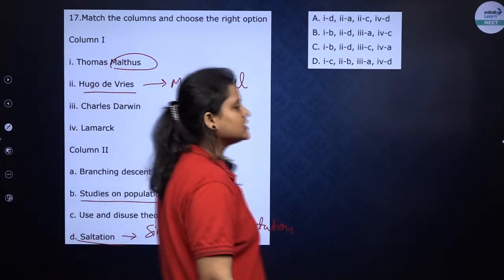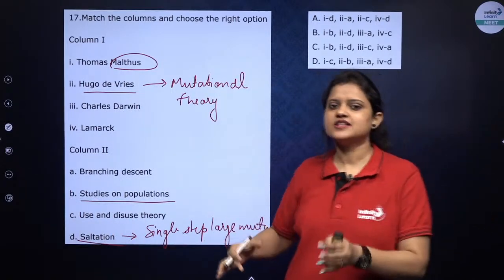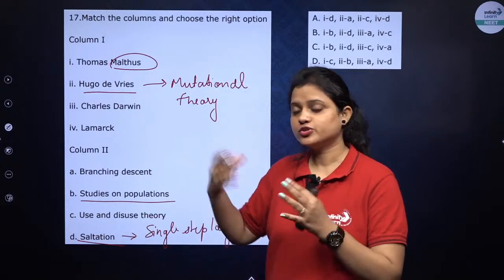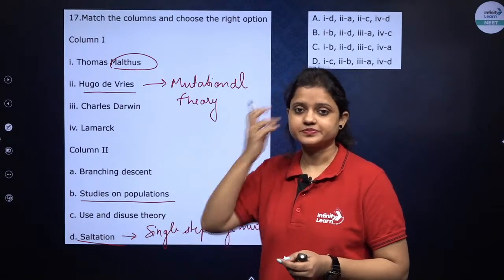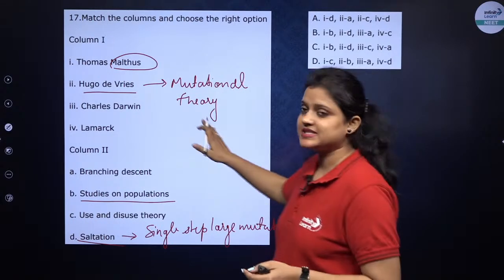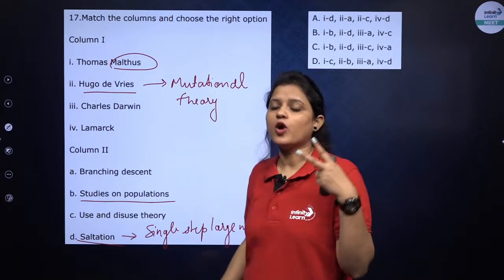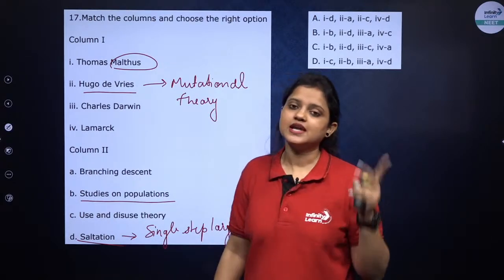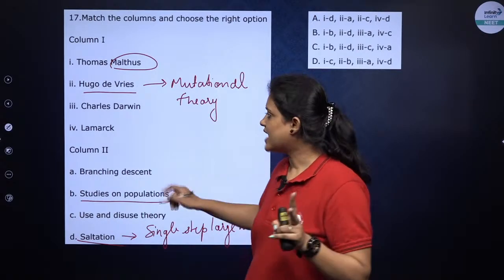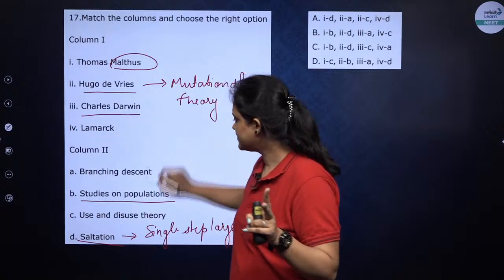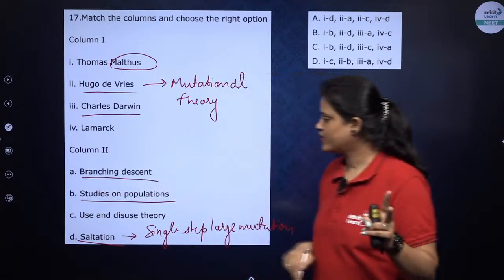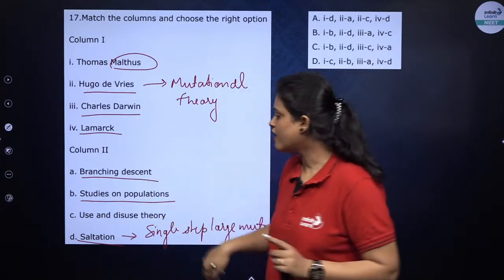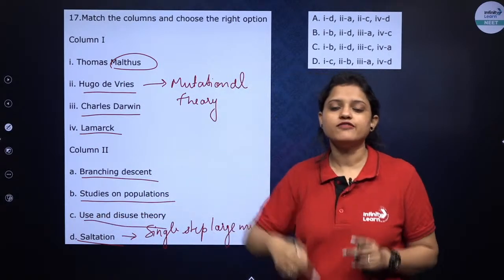Then we have Charles Darwin. Charles Darwin का जो थ्योरी था और जो बुक था Origin of Species by Natural Selection, उसके दो important components थे. One was branching descent and the other was natural selection. So branching descent was given by Charles Darwin and Lamarck was the one who gave the theory of use and disuse of organs.